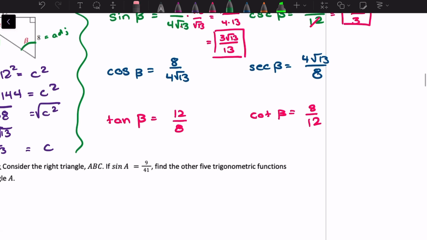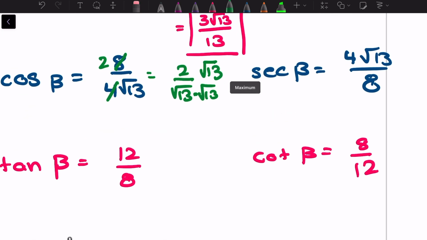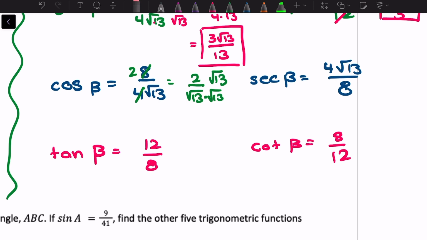Okay, so here, again, I can choose to reduce this first. Maybe that's easier. We get 2 over the square root of 13. Multiply the top and the bottom times the square root of 13. And I end up with 2 root 13 over 13.